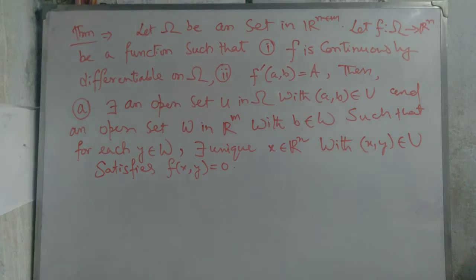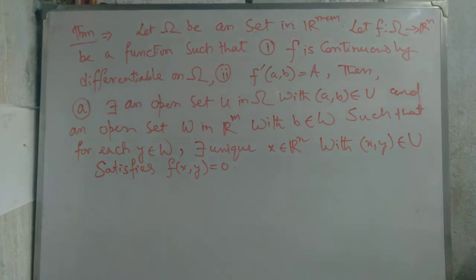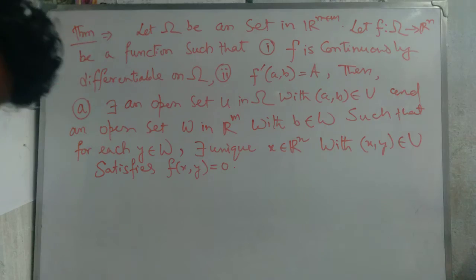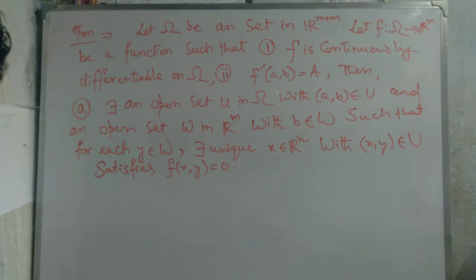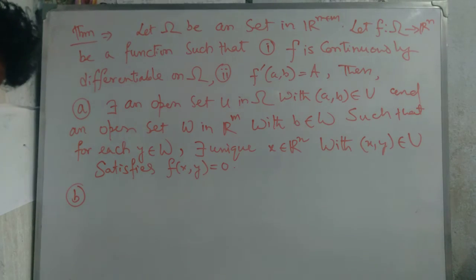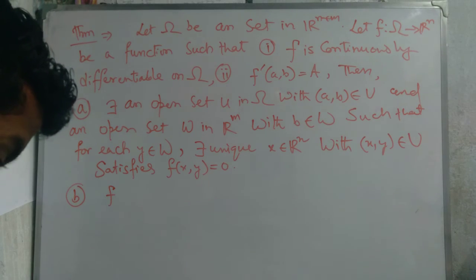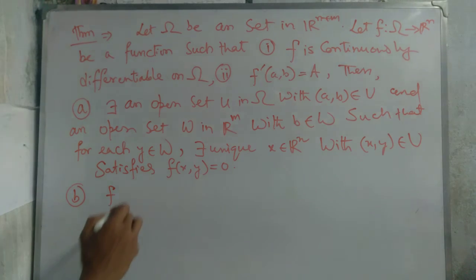Then for b, we write f(a, b) equal to 0.